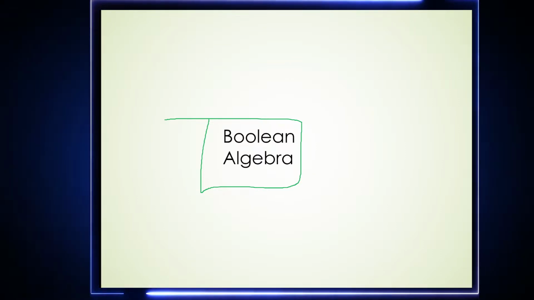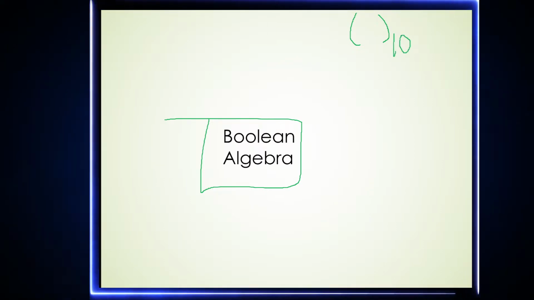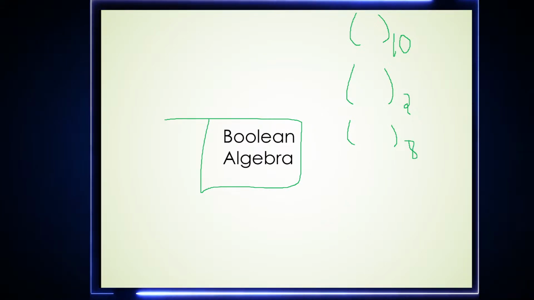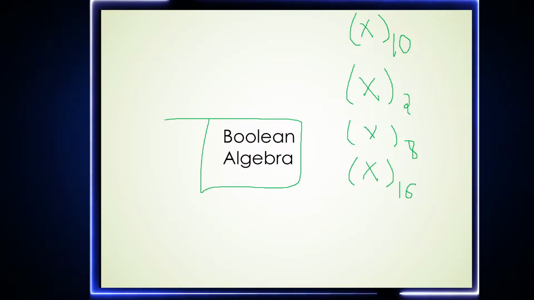The first module was number systems. Let's just summarize what we have done till now. We have seen different number systems. First one was the decimal number system. Then we studied the binary number system, which is base 2, the octal number system, which is base 8, and then the hexadecimal number system, which is base 16, right?